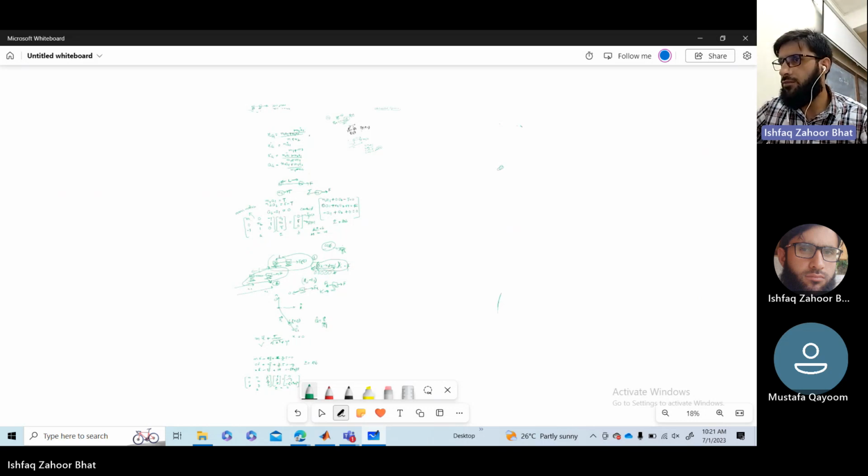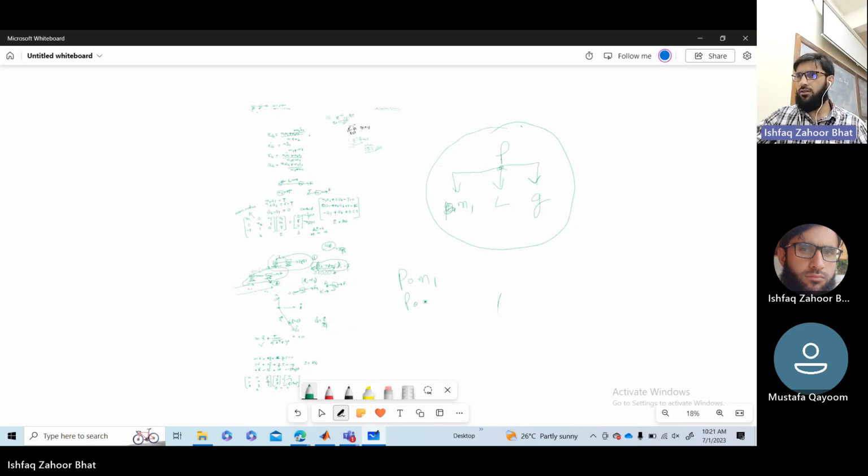If this is P, then out of this P three things come out: M1, L, and G. In MATLAB, we define this structure like this: P.M1, P.L, P.G. When you write this, a structure is automatically created.